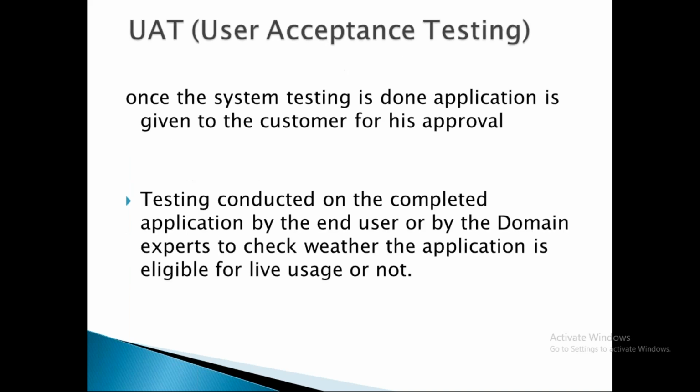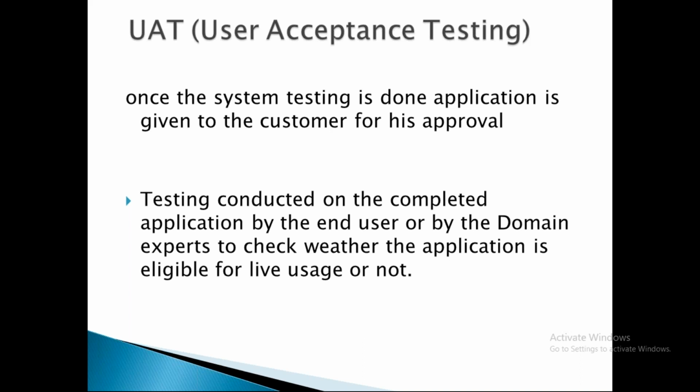Before that, let me complete user acceptance also. You know UAT testing. UAT means once system testing, functional and non-functional testing, is over, the end user tester goes and checks the same thing in the UAT environment also. Once system testing is over, this application is eligible for the customer. Is it eligible for live usage or not, that we need to check.